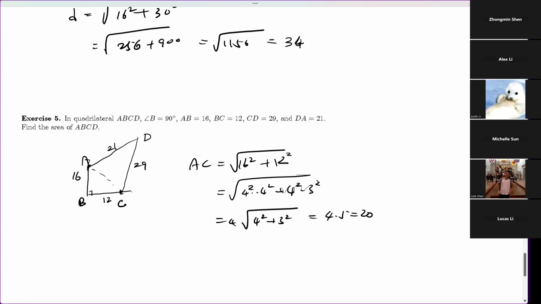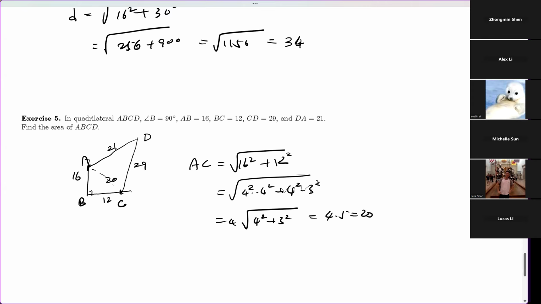All right, so you find AC first. But then you look at triangle ACD. So this side is 20, right?